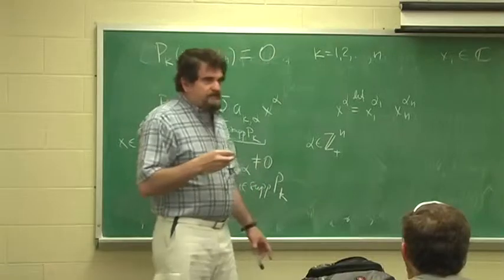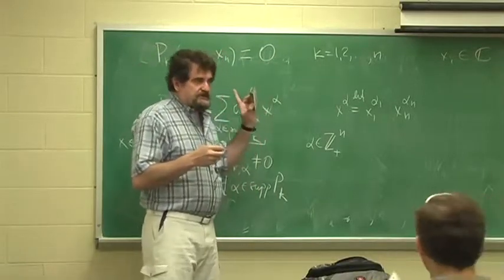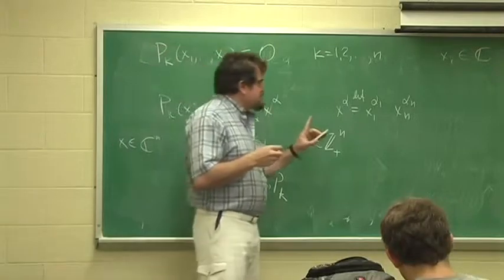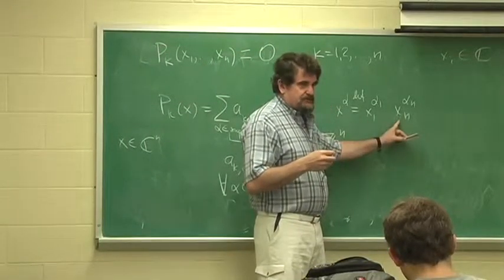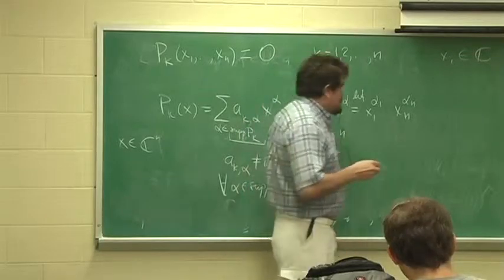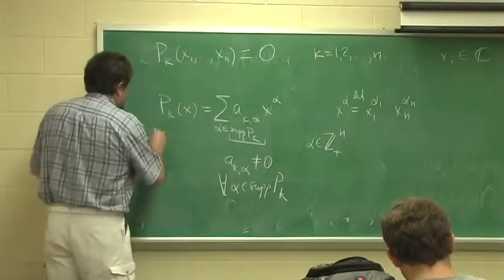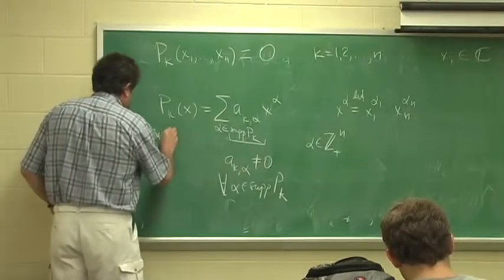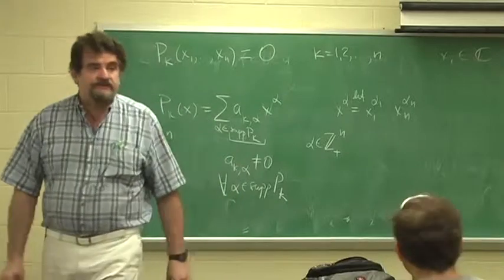And for a lot of reasons, I'm interested not in all solutions, but in solutions such that none of the x's in this solution is 0. So actually I want x's to be in C star n. Star means complex numbers without 0.